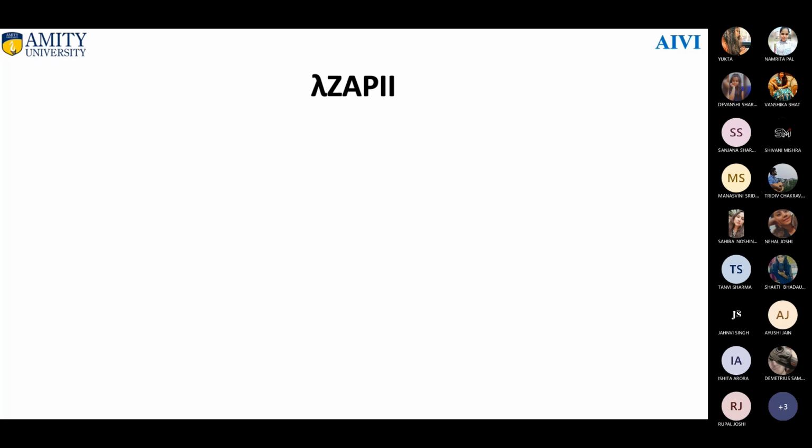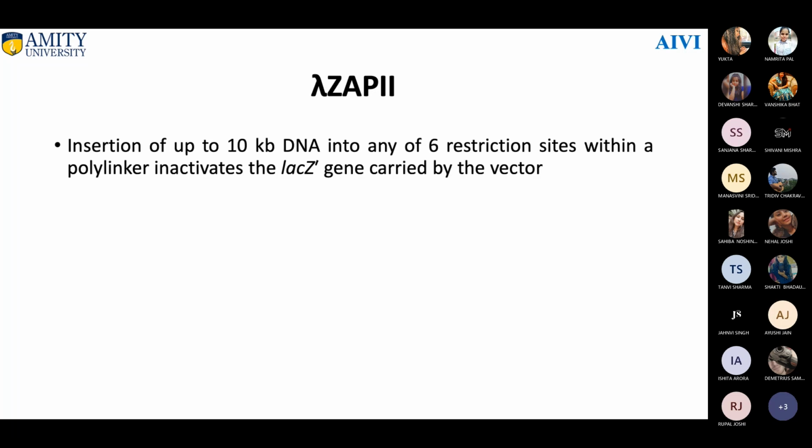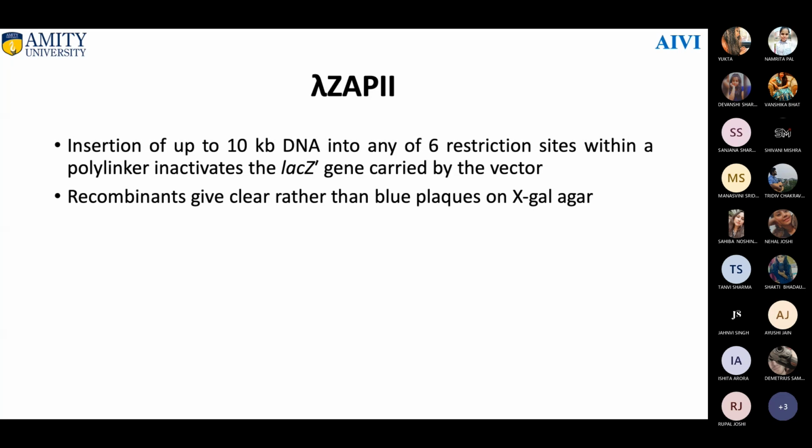The next vector is lambda ZAP II. What is its property? It can carry 10 kb of DNA into 6 restriction sites within a polylinker, which inactivates the lacZ gene carried by the vector. Here you have incorporated further features. As with M13, here also you have incorporated a polylinker, which has multiple restriction sites, and also a lacZ gene, which helps in selection.